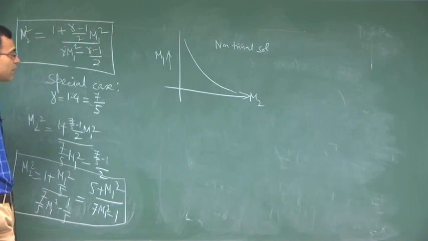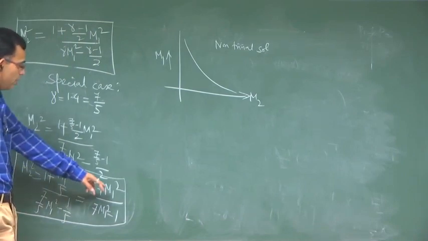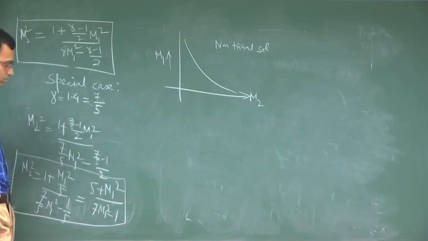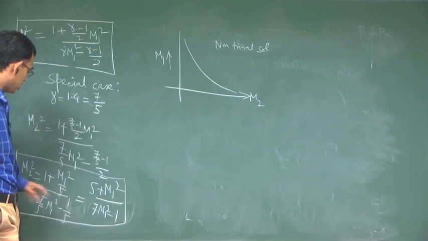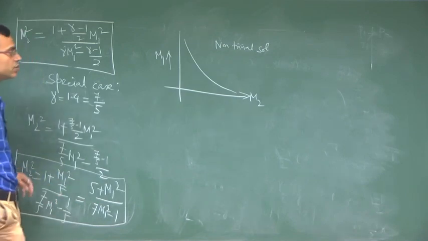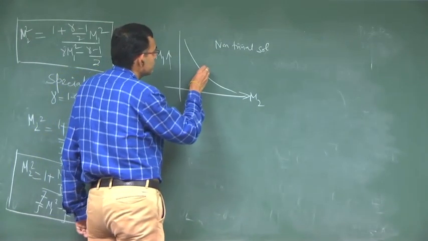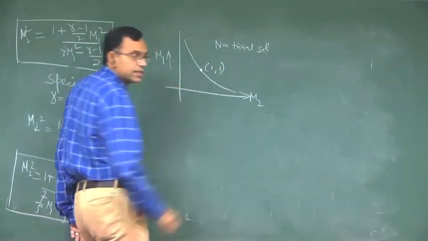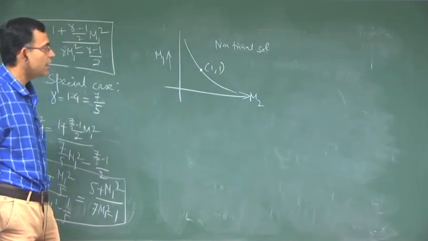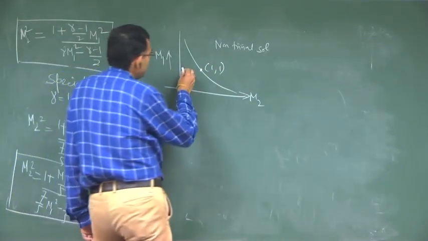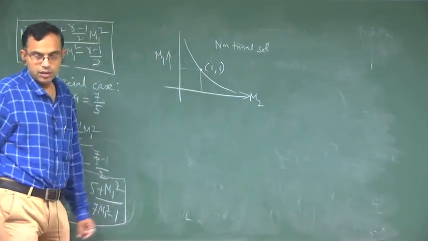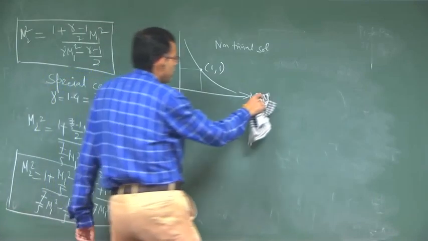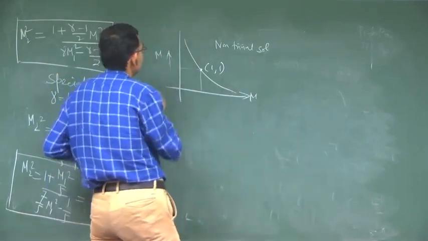Let us check what happens if m1 equal to 1. If m1 equal to 1, this is 6 by 6. So, m2 is also equal to 1. So, 1 comma 1 is a part of this graph, right. So, from here we can say this is m1 and this is m2. I am so sorry.